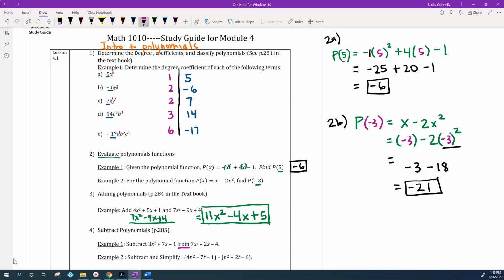Well, that means that the 7x squared is the one going first. Think about it, if somebody said subtract 3 from 8, you would do 8 minus 3, right? So if we're subtracting these polynomials, same kind of thing. So the 7x squared is our first thing there, okay? And then subtract this other part.